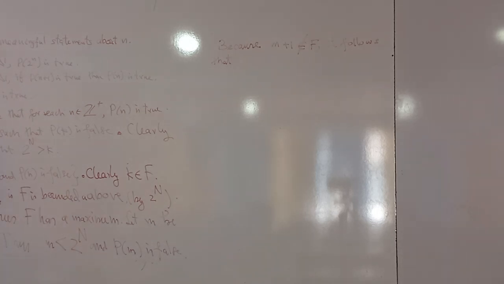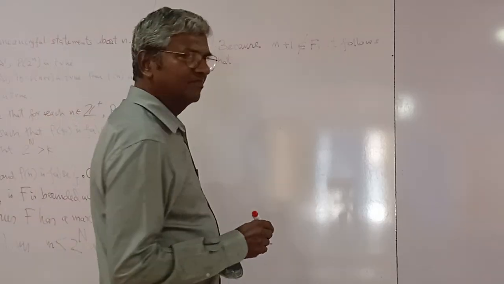If something belongs to F, it is an integer and n is less than 2 to the n and Pn is false. If M plus 1 does not belong in F, it is either that M plus 1 is greater than 2 to the n or P of M plus 1 is true.